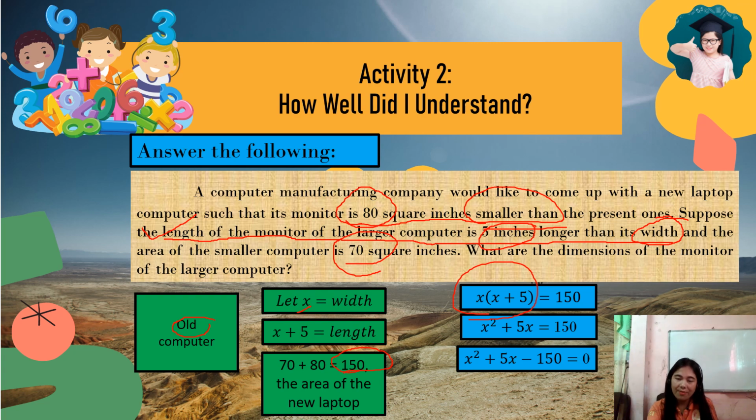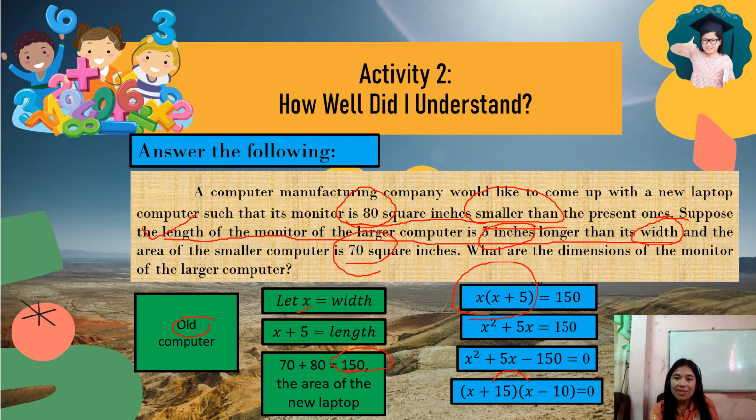Ngayon, pwede mo na siyang ma-factor. Factors of 150 na may difference of 5 is 10 and 15. So ito yung dapat na factors mo. Ngayon, pag nag-solve ka dyan, pag transpose mo ng positive 15, class, it will become negative. Tama? Okay.